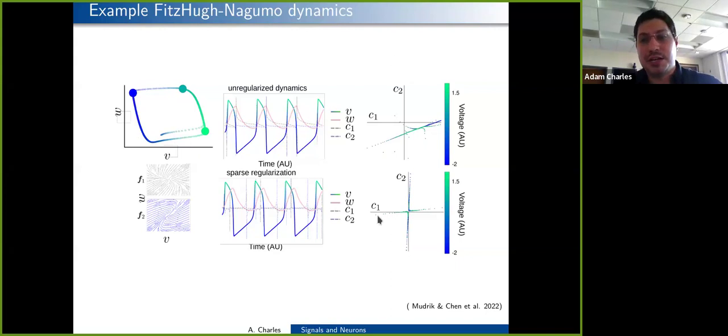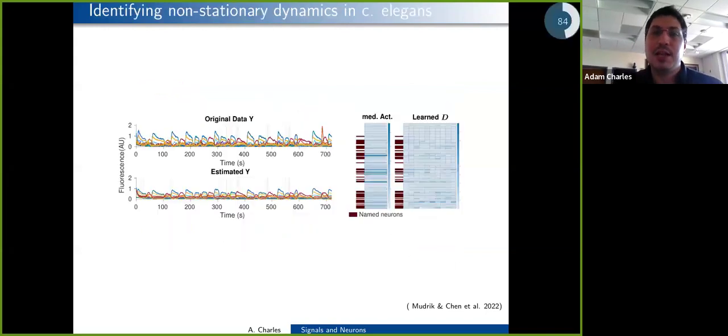What I want you to focus on is this column all the way on the right, where C1 and C2, if we turn off the sparsity, learns a representation of the data, but it's all jumbled up. Meanwhile, if we induce sparsity, we get this beautiful separation of low and high voltage states in C1 and C2 separately. And so we've learned something significant about the way that this model operates by inducing sparsity.